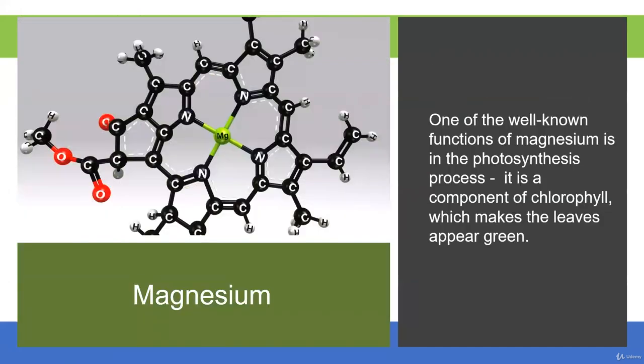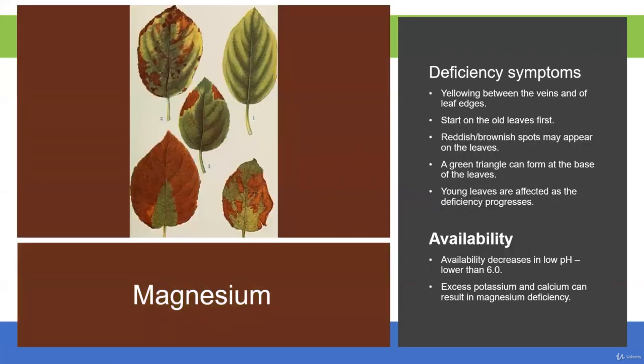Magnesium, one of the most well-known functions of magnesium is in the photosynthesis process. It is a constituent of the chlorophyll molecule. Over here, see, this is the chlorophyll. Deficiency symptoms include yellowing between the veins and of leaf edges.